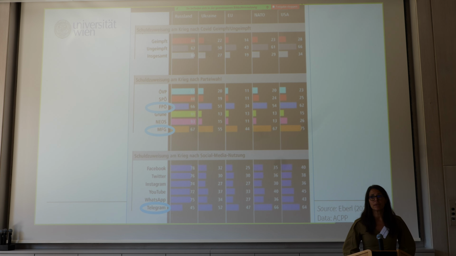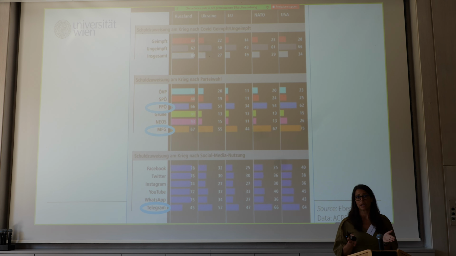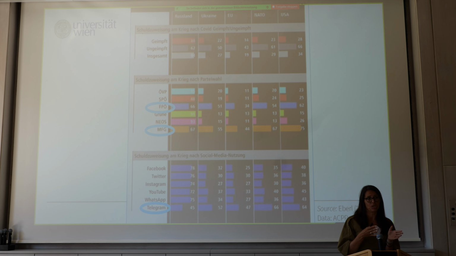So we do have these identity-based polarizations on vaccination in Austria, and they travel to other issues, to other crisis situations that we have at the moment. That is definitely worrisome, even though they might only be 10 to 15% of the population, at least according to our data.